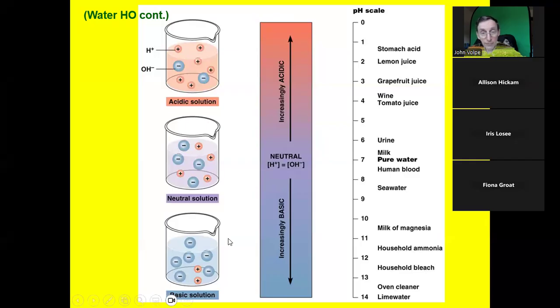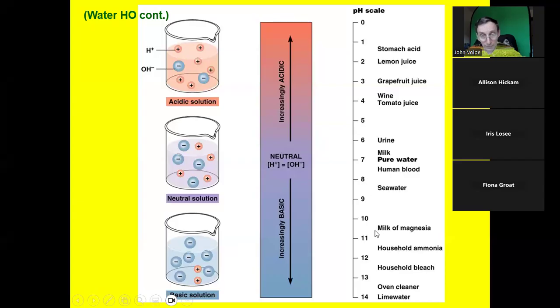Now, if the OH- is more concentrated than the H+ ions, we have increasing alkalinity or basicness. And seawater is a little more OH- than H+ from the dissolved minerals in the seawater. It's a little above pH 8.